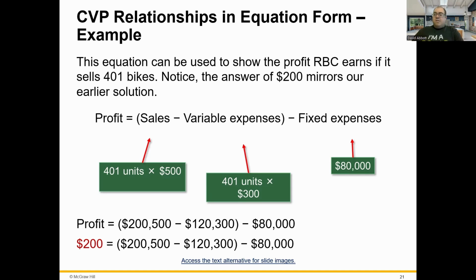And then our fixed expenses, which are fixed, so they're going to remain the same regardless, at 80,000. And so if we figure out what's in parentheses first, and subtract the 80,000 from it, then we get $200. And that would be what would be left after we sold 401 units.